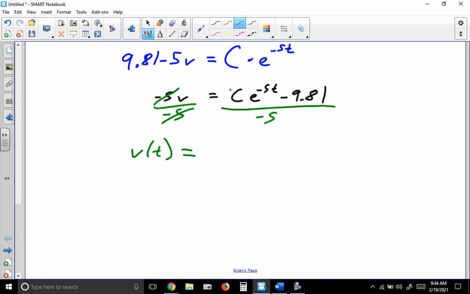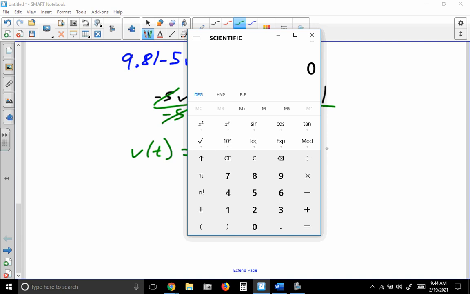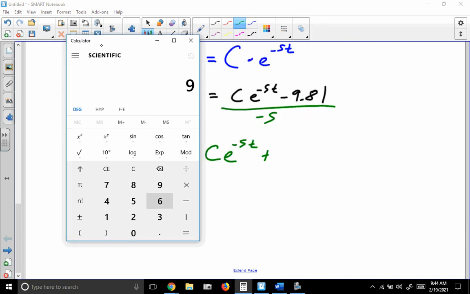So when we do the first term divided by negative 5, we have a constant divided by a constant, which is just a constant, times e to the negative 5t. And then when we do the second term, negative divided by negative is positive. And if we do 9.81 divided by 5, we get 1.962.